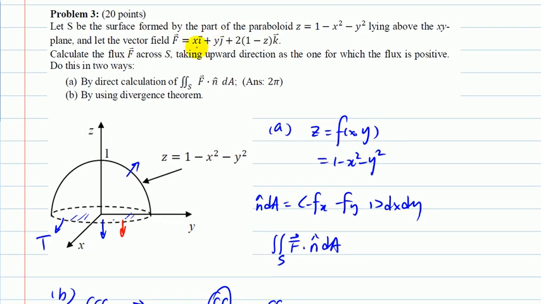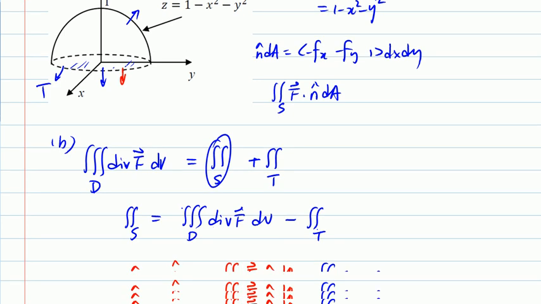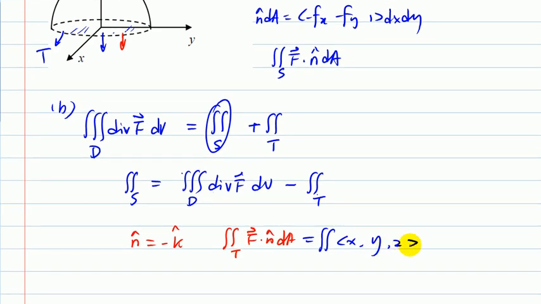When you're talking about a surface in the xy plane, the z value is 0, so F is just 2. And n hat is (0, 0, negative 1), and dA is dx dy, because it's part of the xy plane.